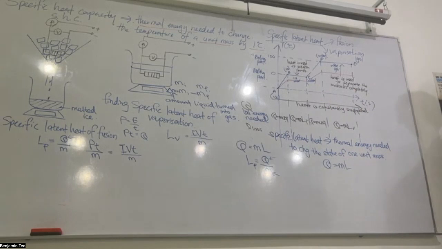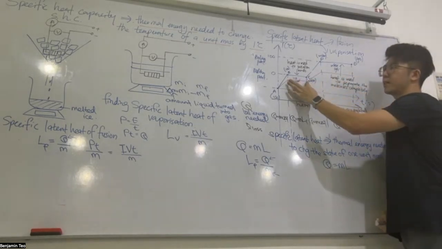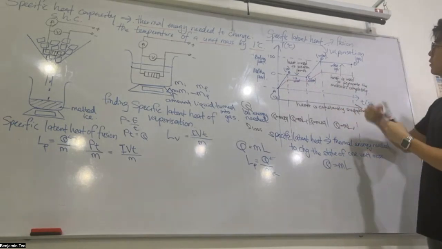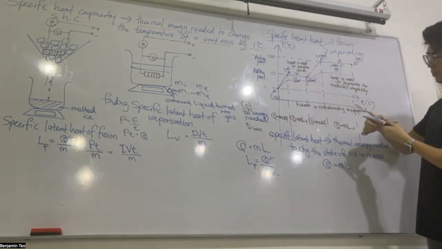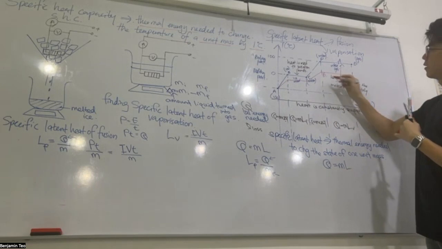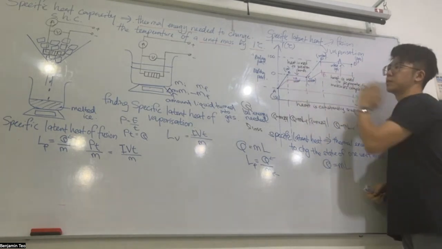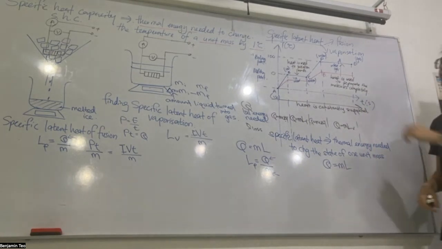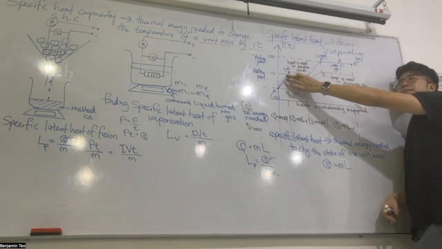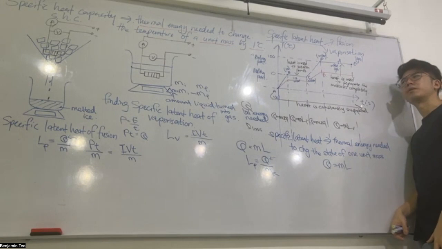What can you say about the difference? First thing, notice that the flat line is lower. Let's say this is substance A and this is substance B. Who has a higher melting point? Substance A has a higher melting point, because the flat line is higher, and a higher boiling point as well.